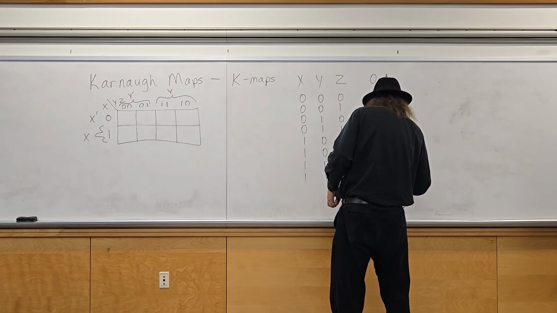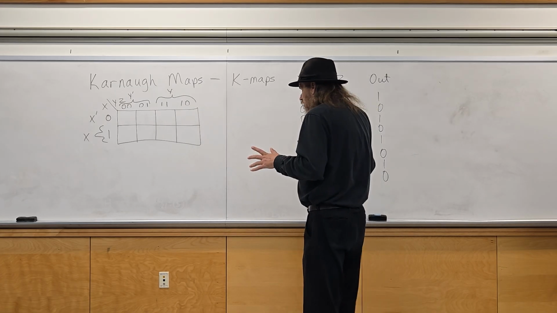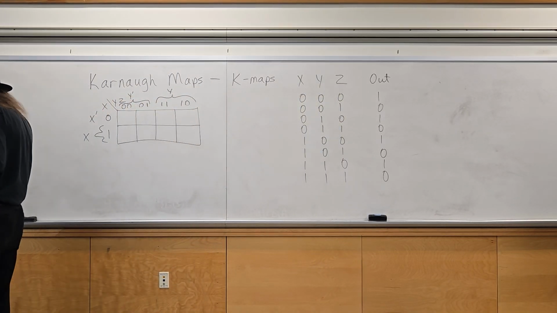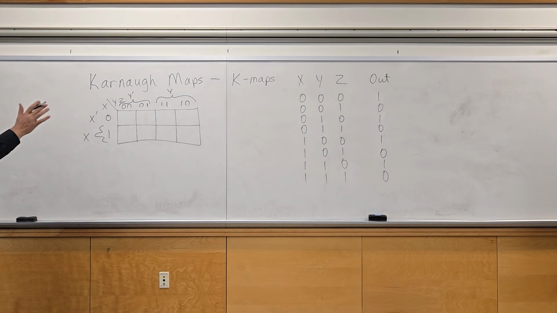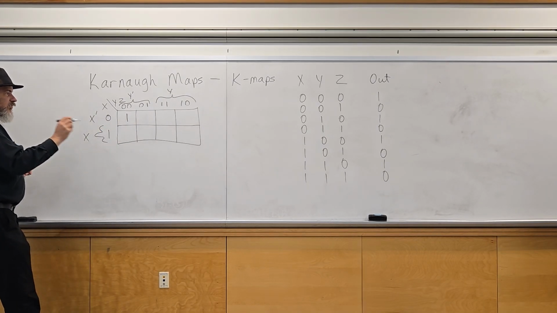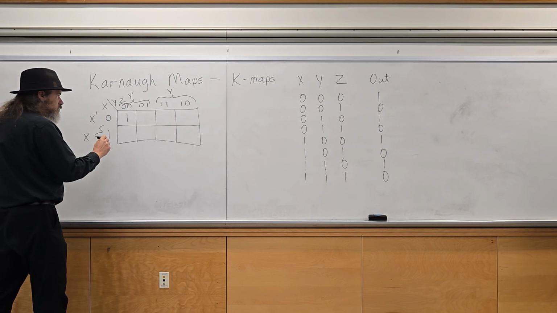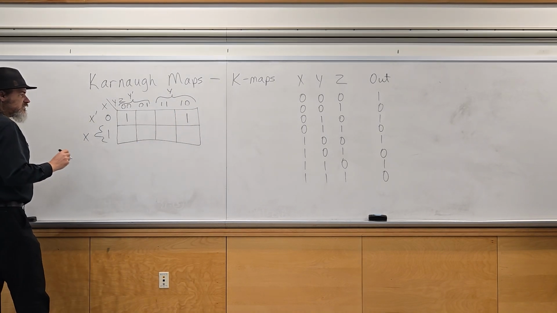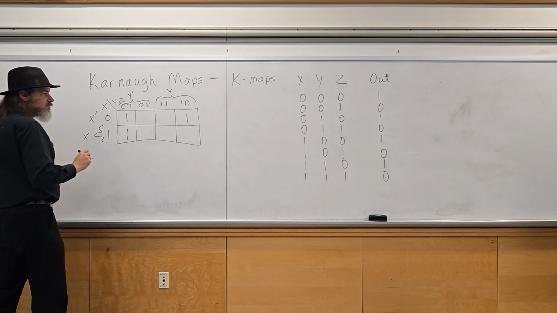Okay, let's do this one. This one's kind of a weird case. 0, 0, 0 is 1. 0, 1, 0 is 1. 1, 0, 0 is 1.